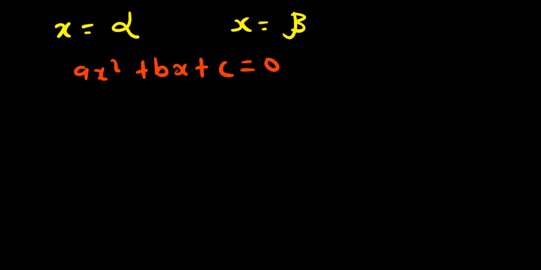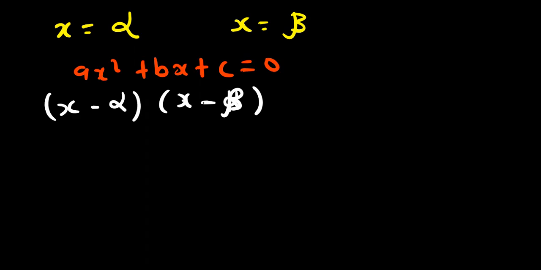So now how are we going to simplify that? If we want to get back to the equation from where we got these answers, we're just going to say x minus alpha. Again, we're going to say x minus beta. Okay, this should be equal to 0.